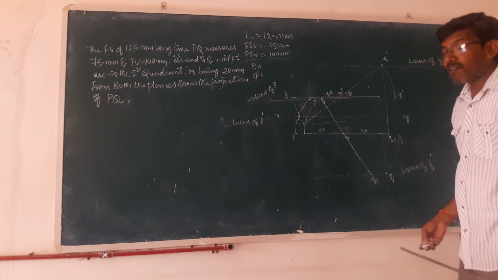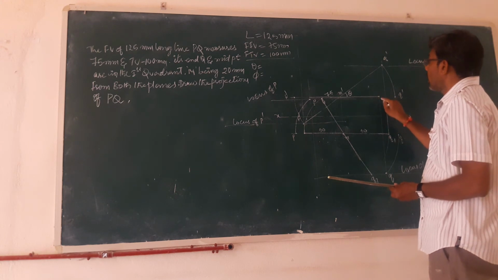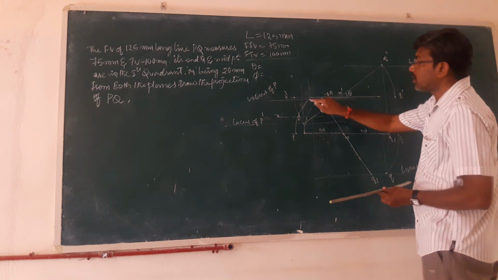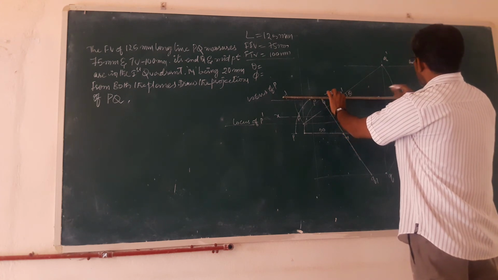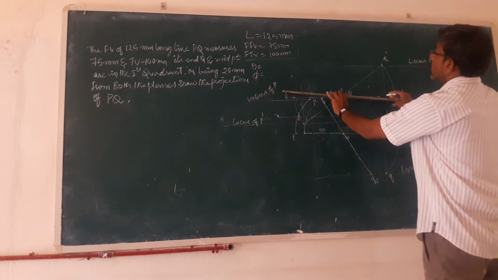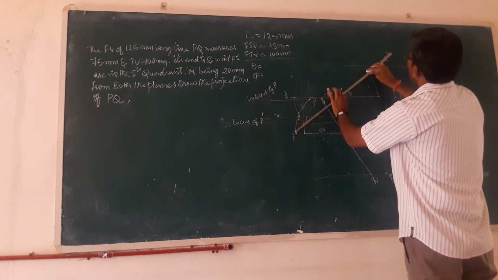And what about the final front view? Now this is the midpoint M dash, this is Q1 dash, and this is P1 dash. Now I am keeping this point. Where is the Q1 dash line? Here. So simply I will turn this particular point onto the locus here.